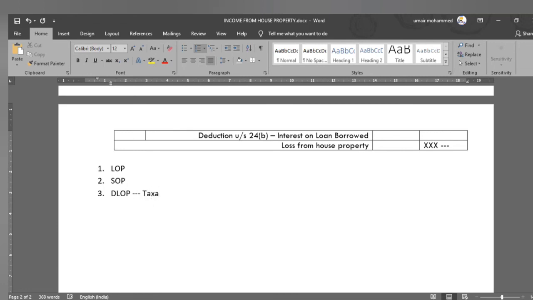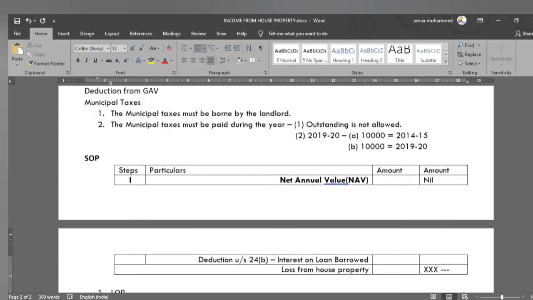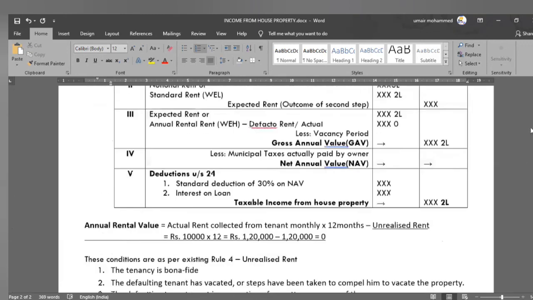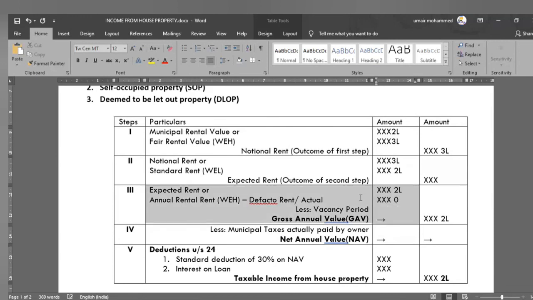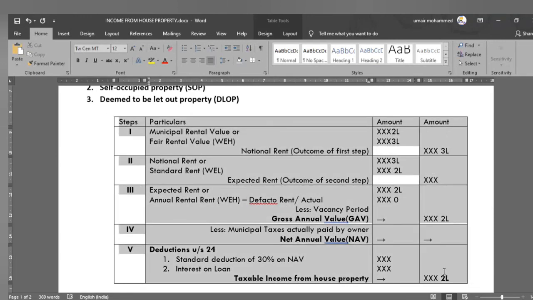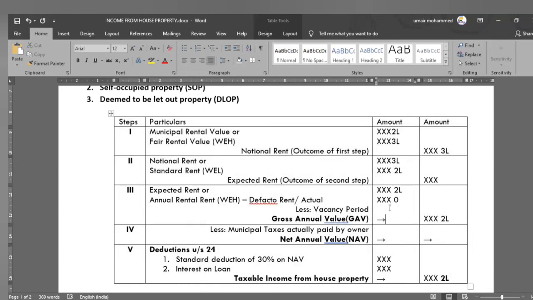Now you might wonder, sir, how will we pay tax when you are not receiving rent itself? The answer is rent is immaterial, because the income tax department has designed the format in such a way that even if the rent is zero, you still end up paying tax. So for deemed to be let out property, we follow the same procedure as let out property. The only difference is that for deemed to be let out property, the annual rental value will always be zero.